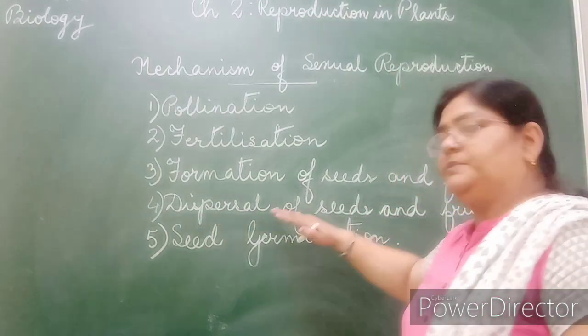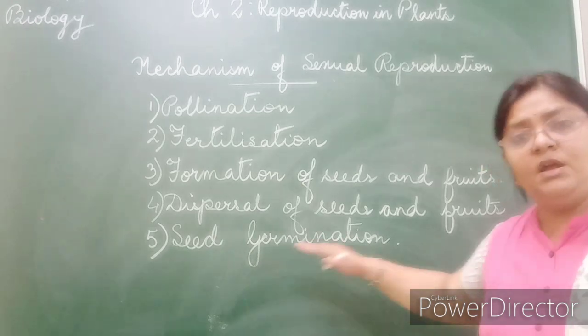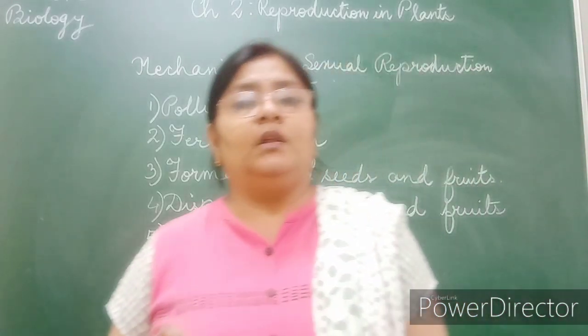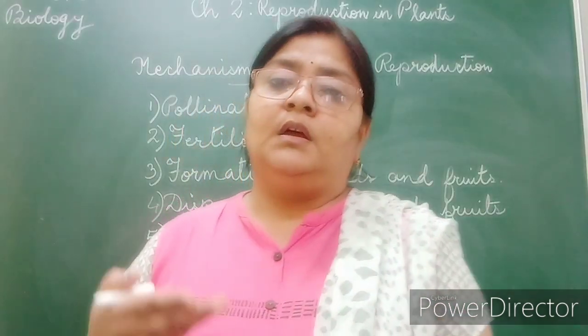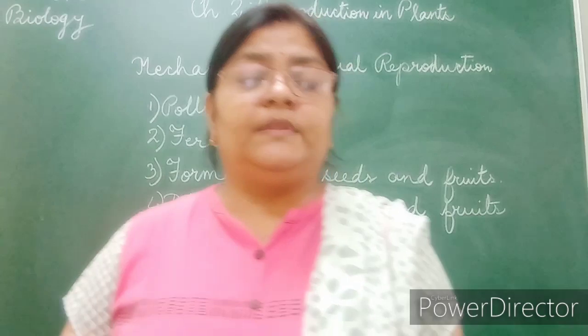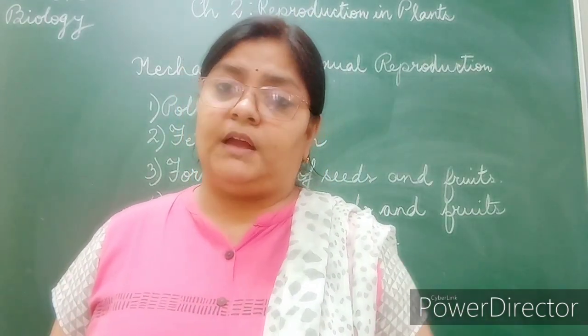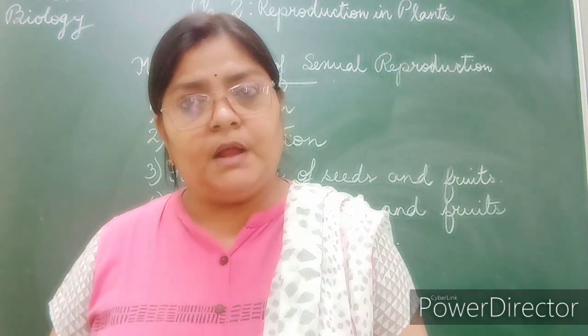So after dispersal, the seeds germinate, that is, they grow into a new plant or a seedling. A small plantlet is formed, which gradually, with the conditions that they need for their growth, if everything is fine, grows into a new plant.